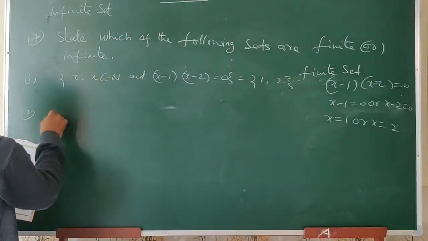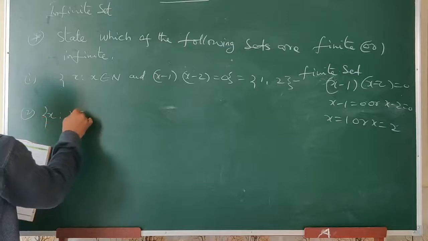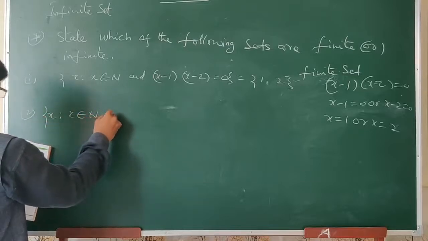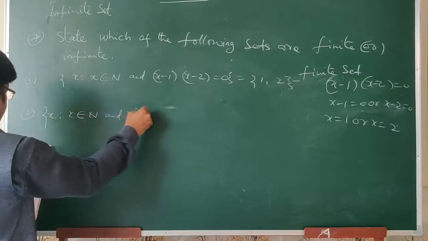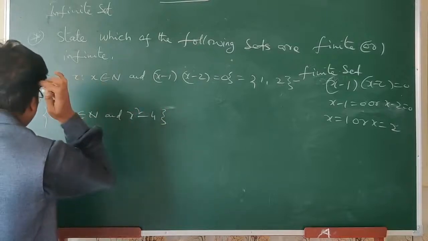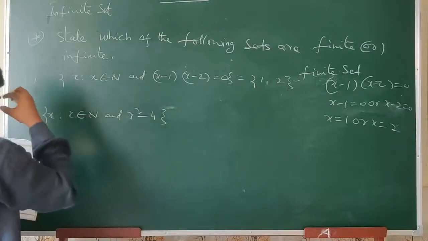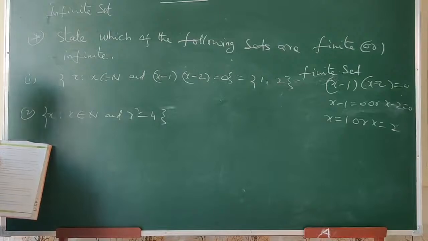Second, x such that x belongs to N and x square minus 4 equals 0.